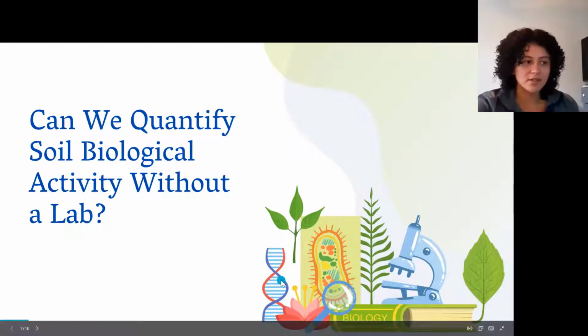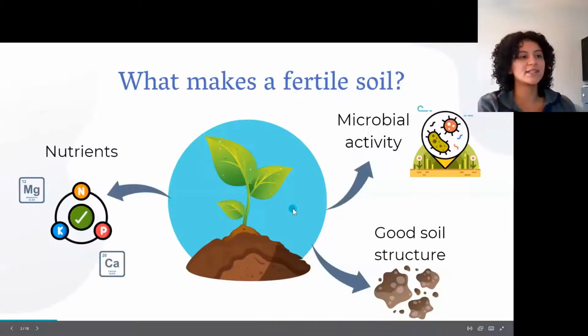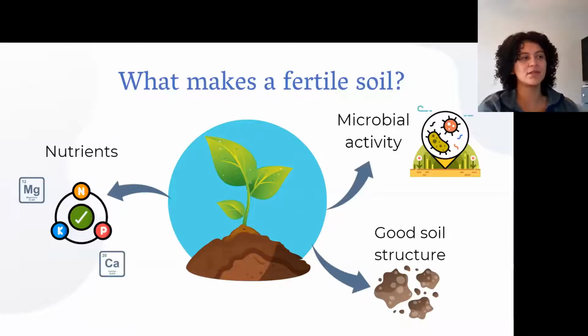So just to give you a little background on it, the idea was to identify the things that make a fertile soil. And so we wanted to study nutrient composition and soil structure and microbial activity, and how all of these connect to each other when we are using especially organic amendments, because we know they're not available right when you put them in the soil. So I wanted to study a bit more of what needs to happen in the soil before those nutrients are available for the plants.